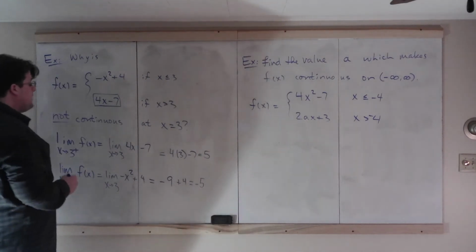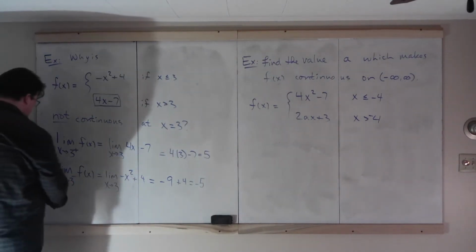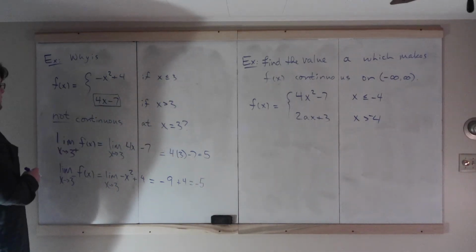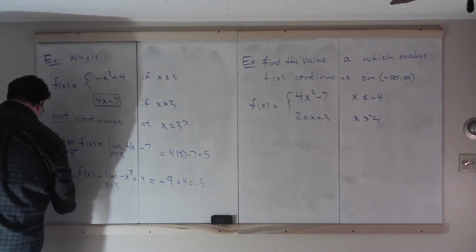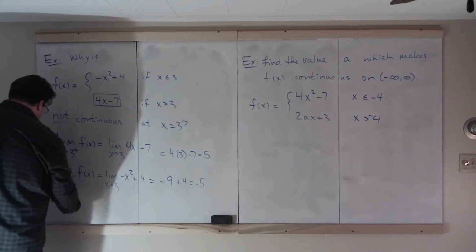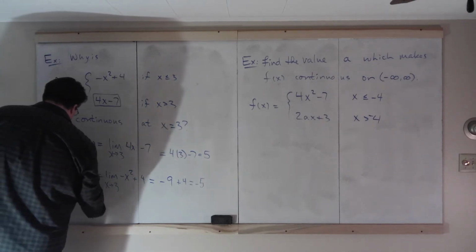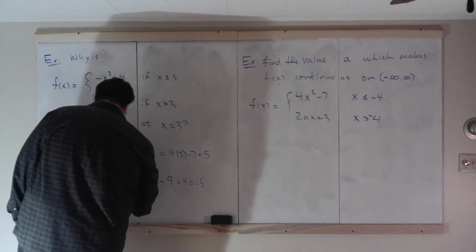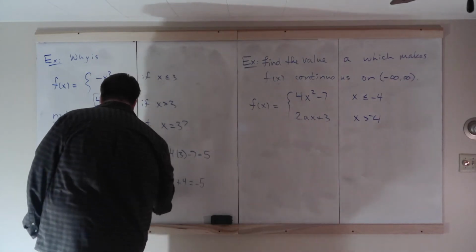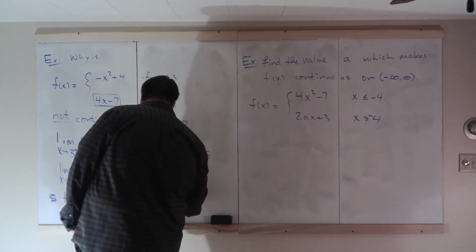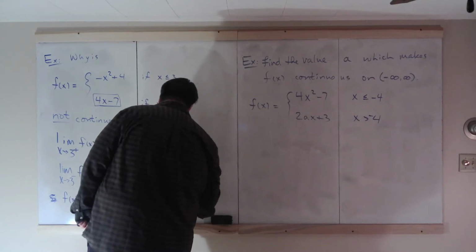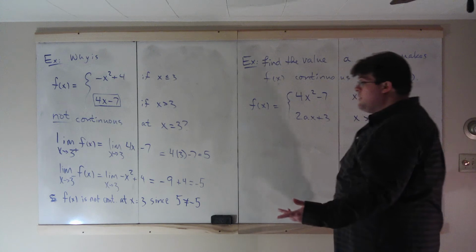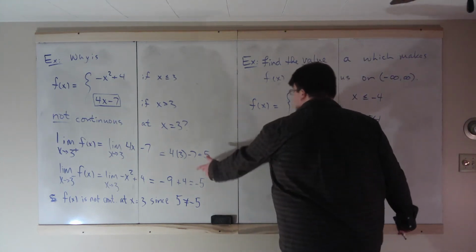So we checked the limit on the left and the limit on the right. Let's actually answer the question, why is this function not continuous at 3? So we'll say f is not continuous at x equals 3, since 5 does not equal negative 5. If 5 did equal negative 5, then it would be continuous at 3.